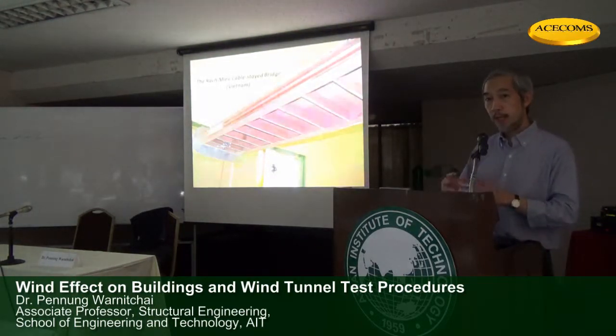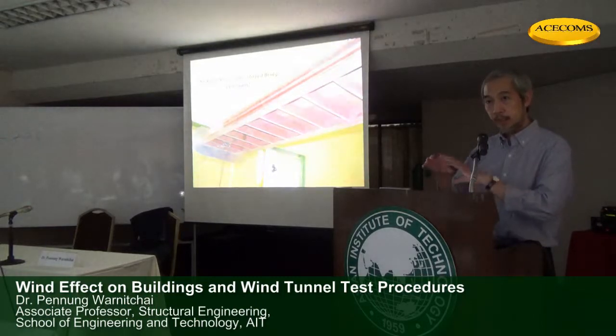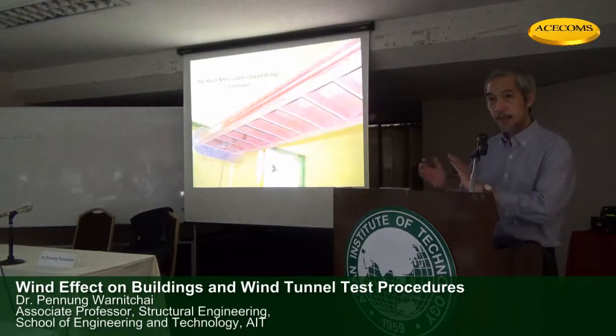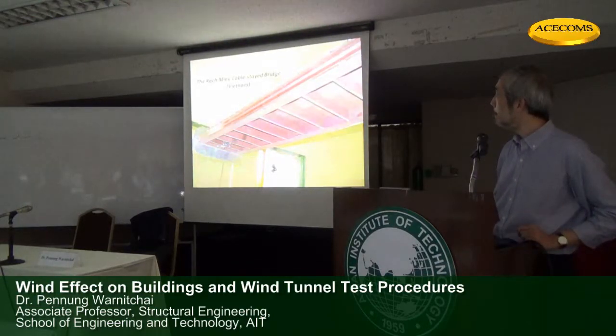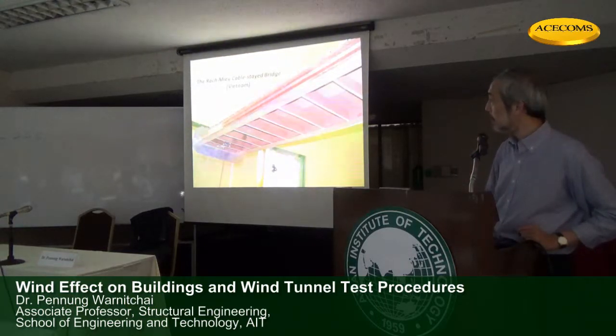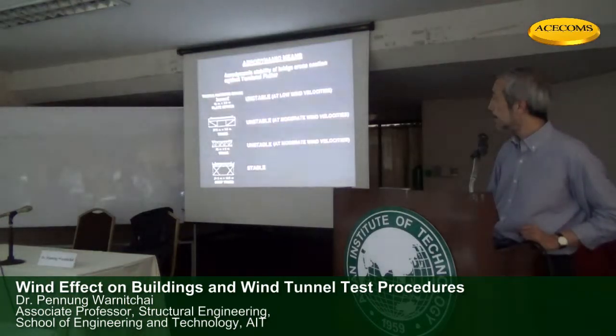And we have to make a model similar to the actual structure geometrically, but the model can be much smaller. We call it a scale-down model. Okay, this is the case in Vietnam, and we check the stability of the bridge in Vietnam.